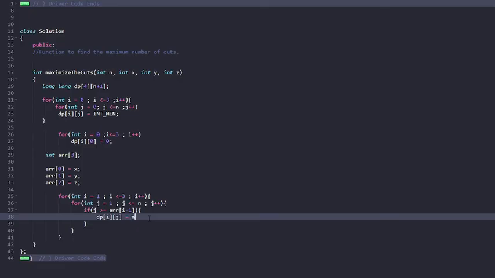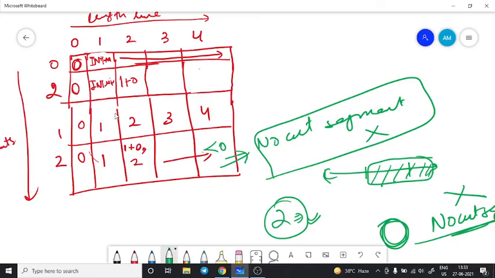Now I have to take the maximum of both of the choices. If I pick it, that means I have done one cut, so one will be added, and now I have to check for the remaining cut length. So here I have done dp of I, j minus array of I minus 1. Let us look here.